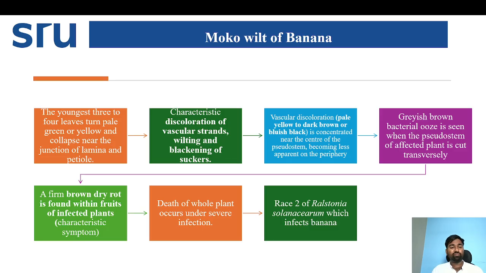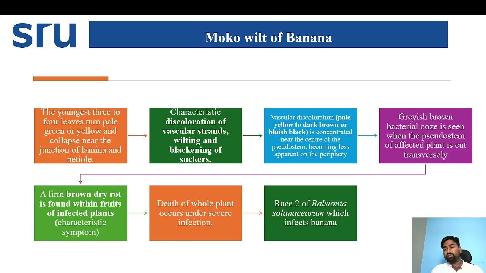The youngest 3 to 4 leaves turn pale green or yellow and collapse near the junction of lamina and petiole. Characteristic discoloration of vascular strands, wilting and blackening of the suckers will occur. Vascular discoloration is a pale yellow to dark brown discoloration, mostly concentrated in the center of the pseudostem, whereas in Panama wilt it is mostly concentrated in the periphery, becoming less apparent toward the center.